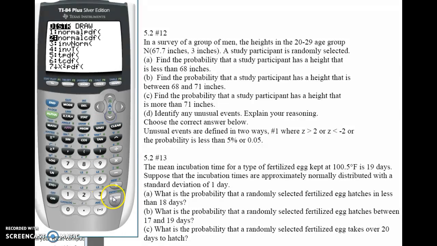Second VARS, normal CDF. Probability between 17 and 19 days. Mean is 19. Standard deviation is 1. Let's see if I can predict better this time.